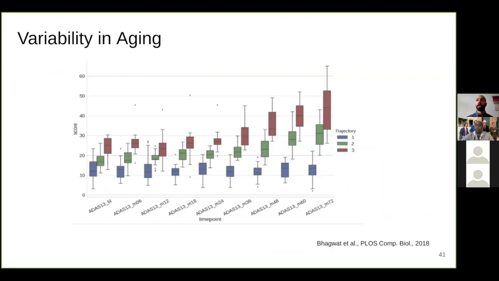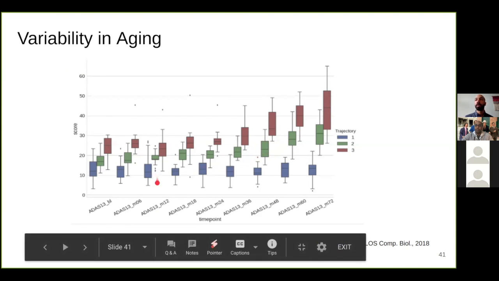So just to illustrate that, I'm showing a plot from previous work from our group of the ADAS-13 score, which is a score administered to elderly and dementia patients, indicative of cognitive function and dysfunction. So in this score, higher is actually worse. And what I'm showing here is a clustering of different longitudinal trajectories across time from the ADNI dataset, where you can actually map out 3 different trajectories.